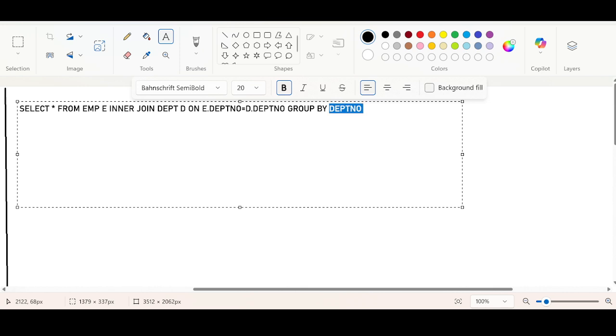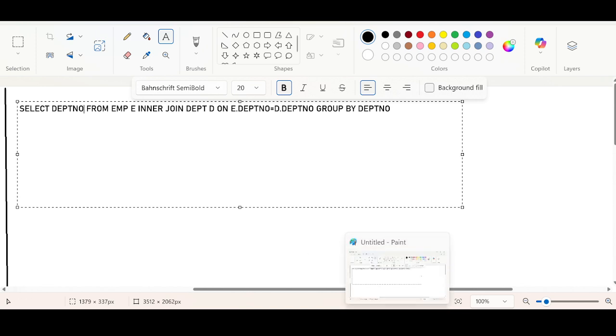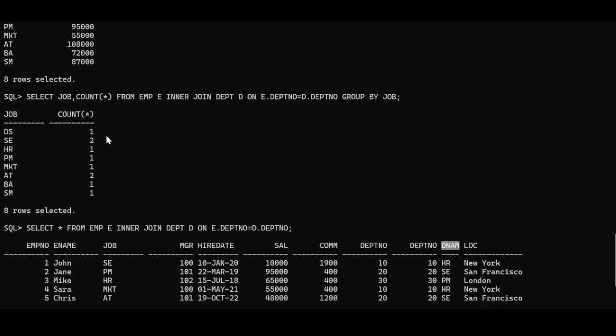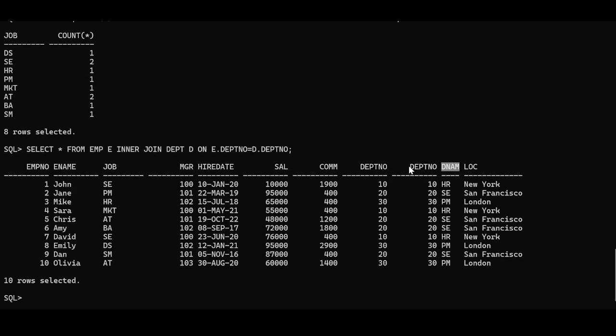If I am using department number after the group by expression, I am supposed to use the department number in the select also. That's the first thing. The second thing is I also want to display the department name along with the department number. The department name is part of the department table, D name.